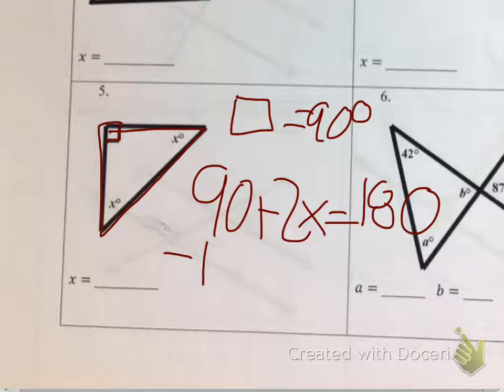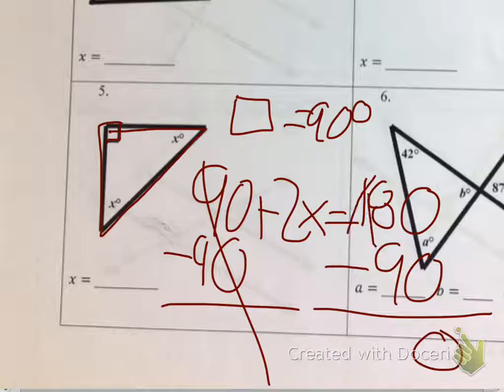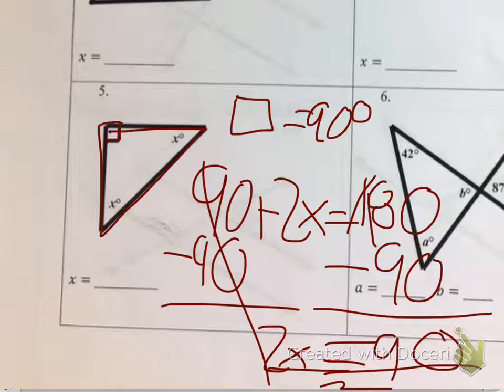Now if we minus 90, that cancels, minus 90. 180 minus 90 is 90. So 2x equals 90. Divide by 2, those cancel. X equals 45.